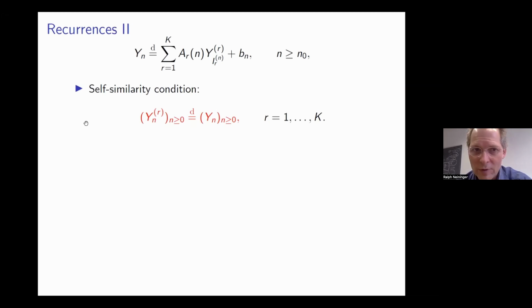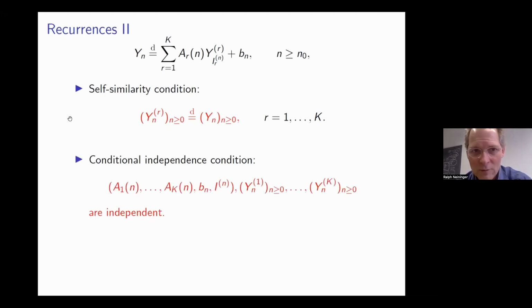And the second important condition that we're usually requiring is a sort of independence condition. What's usually allowed is that you have dependence between these prefactors, the toll term, and the subproblem sizes. So I put them in one vector, and these components are allowed to be dependent, but the vector has to be jointly independent of these contributions from the subproblems.